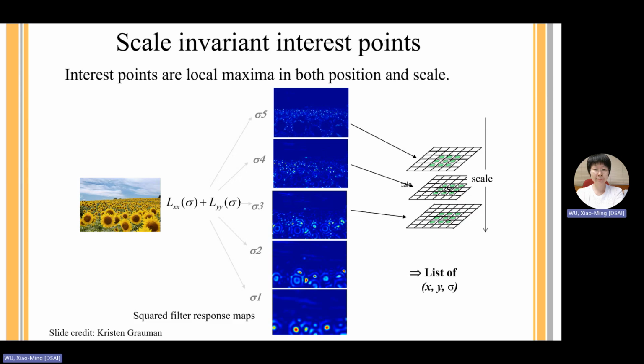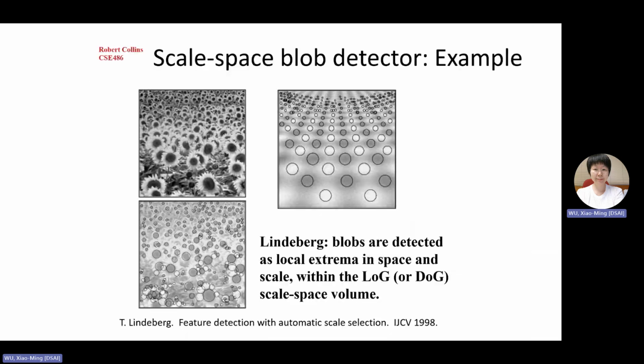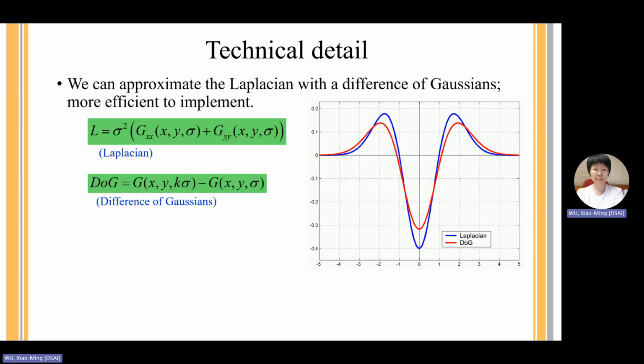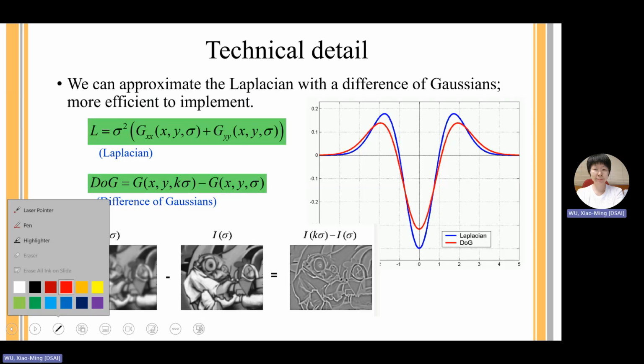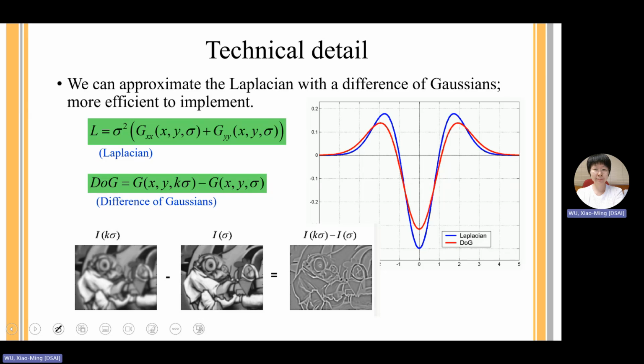Alright, let's continue to explain the SIFT detector. I would like to mention that this is the Laplacian of Gaussian.